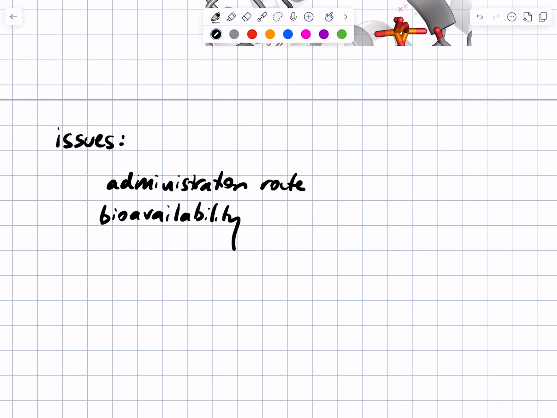Second, bioavailability and distribution. Sometimes people call that pharmacokinetics. That's like, how readily does it dissolve when it's in your stomach? And from there, how does it get distributed? Does it cross the blood-brain barrier? Does it accumulate in any particular organs?